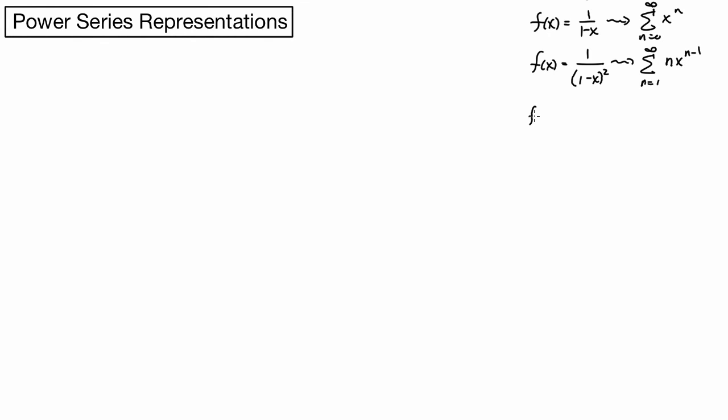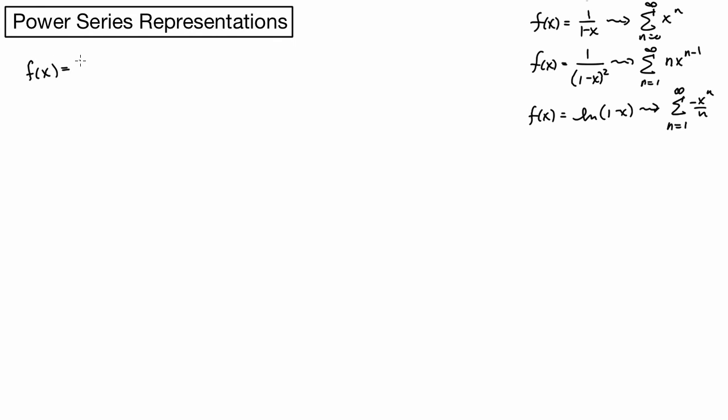We've also figured out that I could use this to express the natural log function. We just got through doing this one. And now we're going to look at one more function as well.